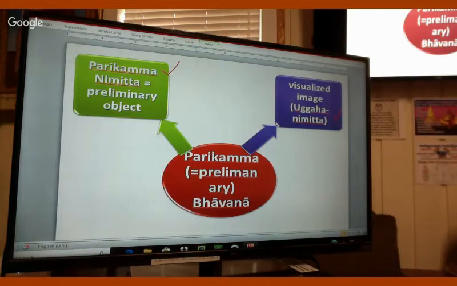At that stage, it's a preliminary object with the parikama bhavana. But later, if you practice and change that, you close your eyes, and then that image is in your mind only. No need to look at it. At that time, it is changing to the virtual image.